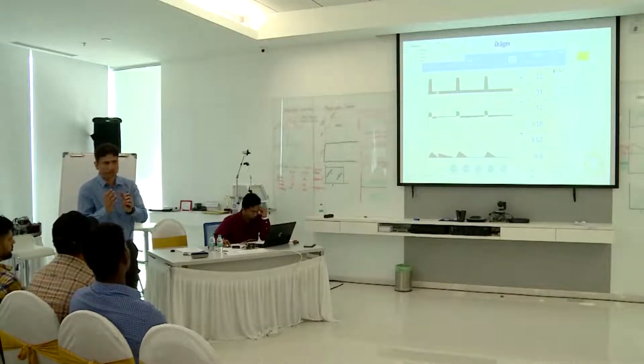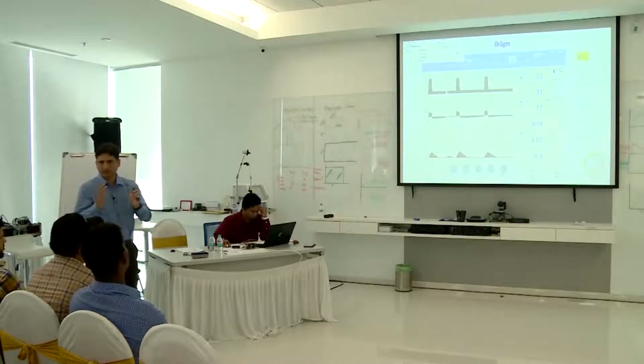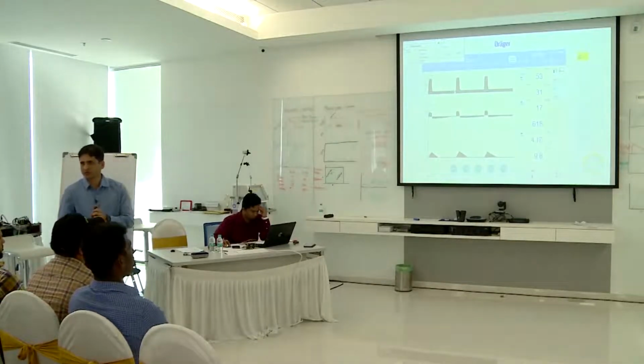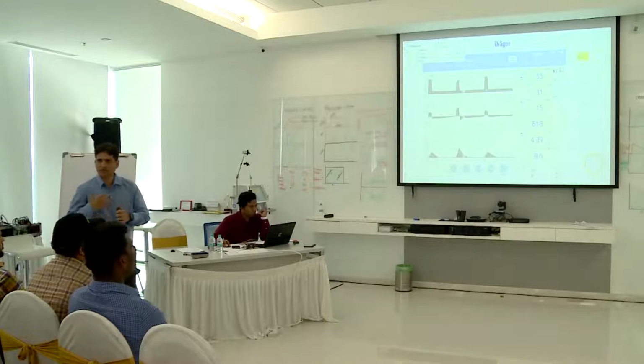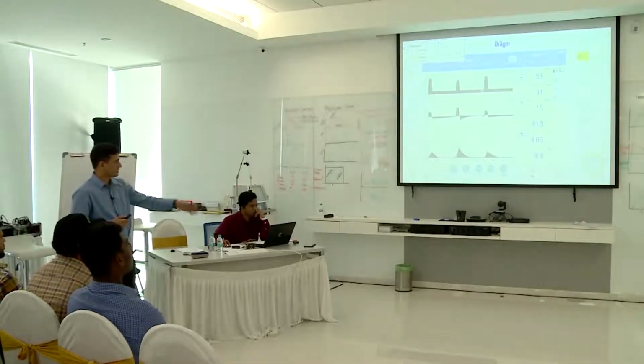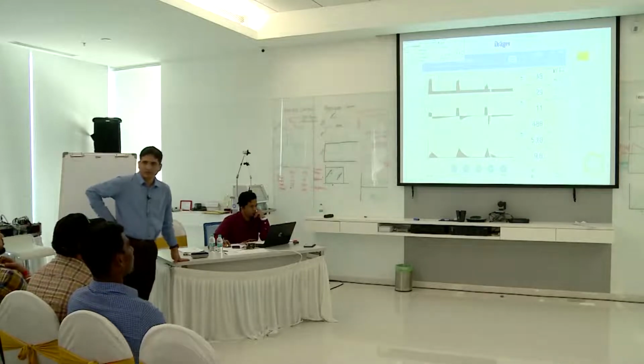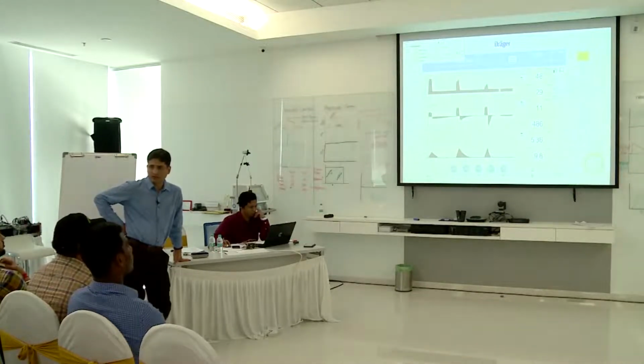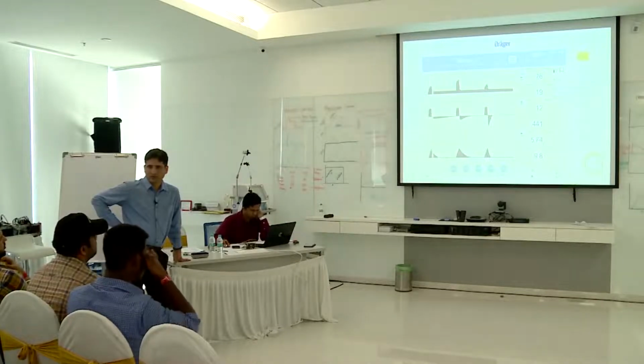So if you reduce your inspiratory time, your expiratory time will automatically get prolonged. That is why the patient will get more time for expiration. That is also another option. Third thing is to reduce the respiratory rate also.